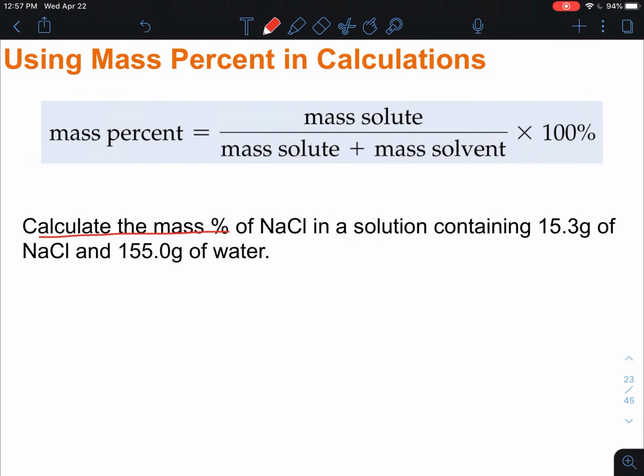So calculate the mass percent of sodium chloride in a solution containing 15.3 grams of sodium chloride and 155 grams of water. All right, so we have 15.3 grams of solute, right?